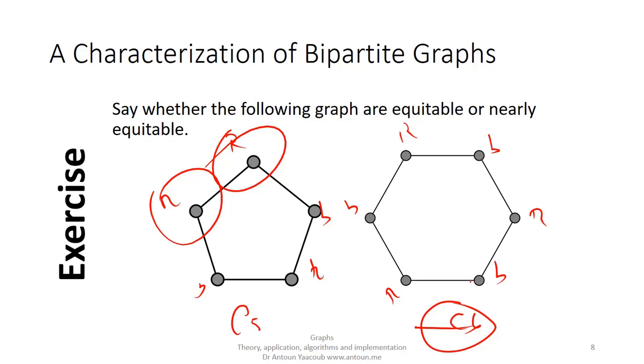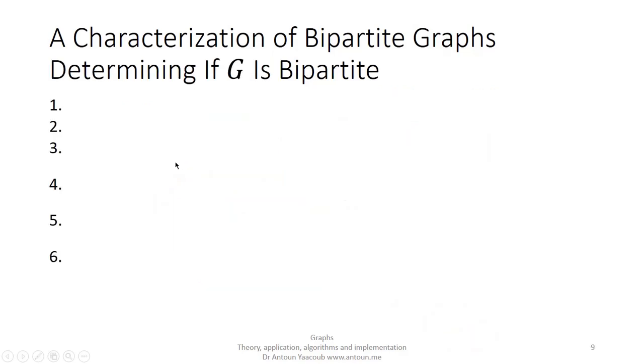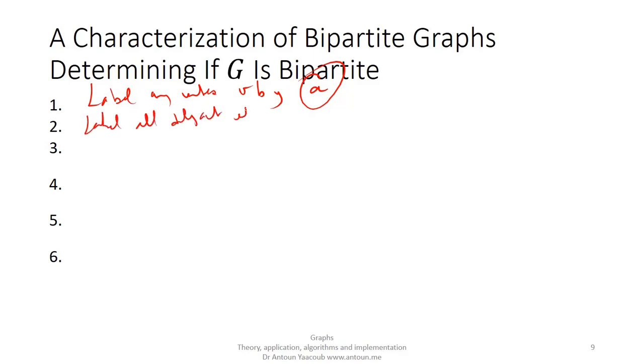So how can we check if a graph is bipartite? We'll do it like this. However, in theory, we'll be using A and B instead of red and blue. So we label any vertex V by A, and then we label all adjacent vertices of V by B. So all the adjacent ones are B. Then, if there are unlabeled vertices adjacent to a labeled vertex, we label them using the opposite label.